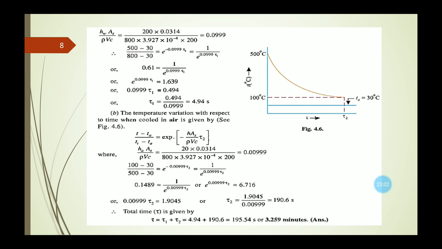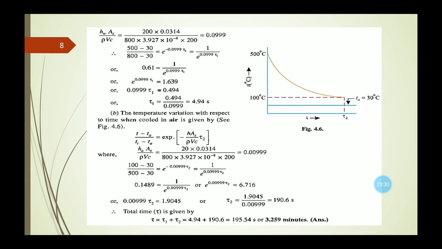If we put all the values which are known to us, or which we have calculated earlier, then after 2 or 3 steps we get the value of tau 1, that is 4.94 second.